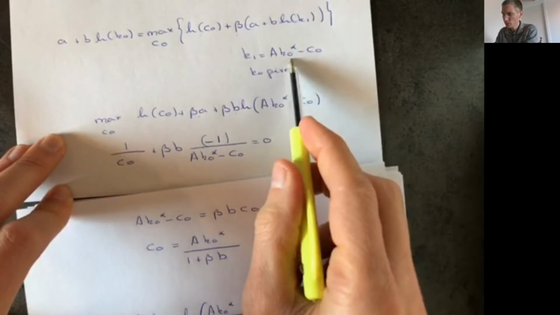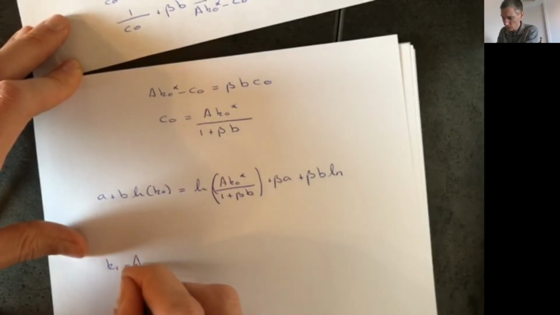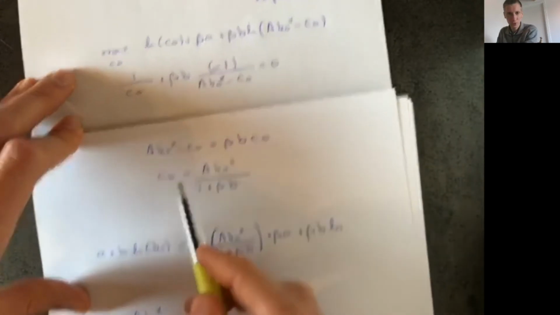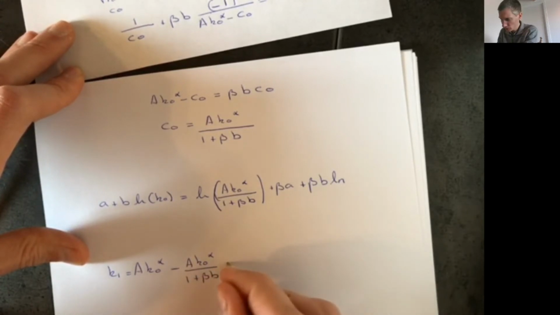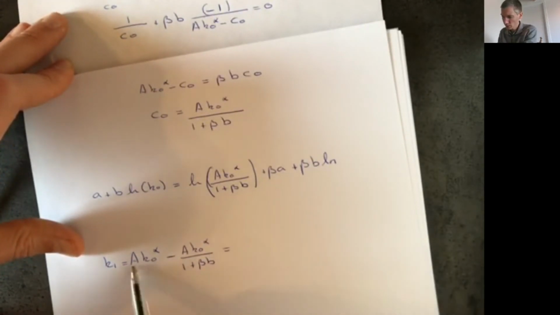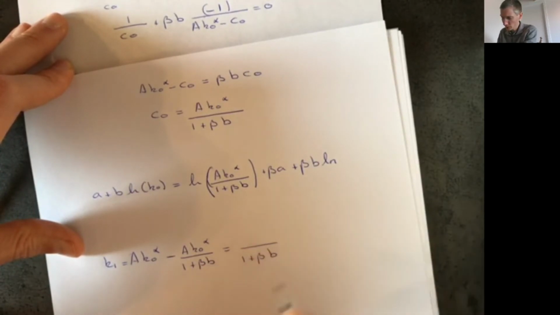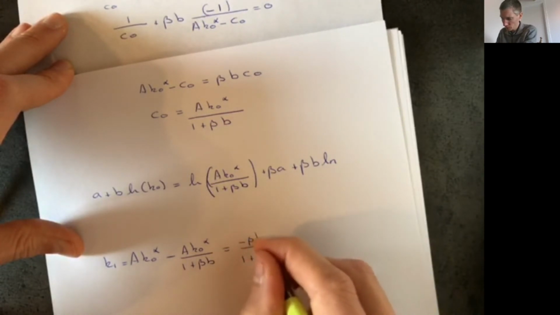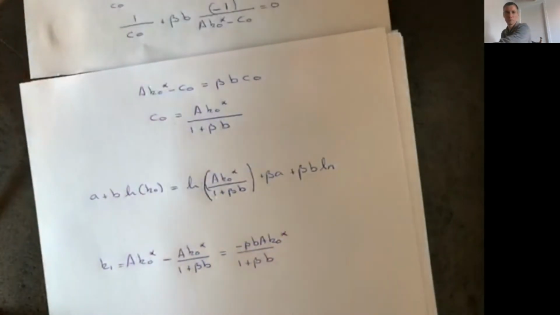Now I have to see what k1 is. So k1 is a k0 to the power alpha minus c, but I know what c is, so minus a k0 to the power alpha over 1 plus beta b, and this is, putting on the common denominator 1 plus beta b, of beta b a k0 to the power alpha.